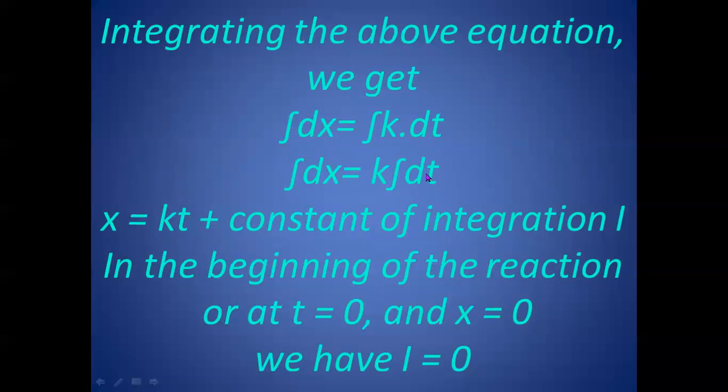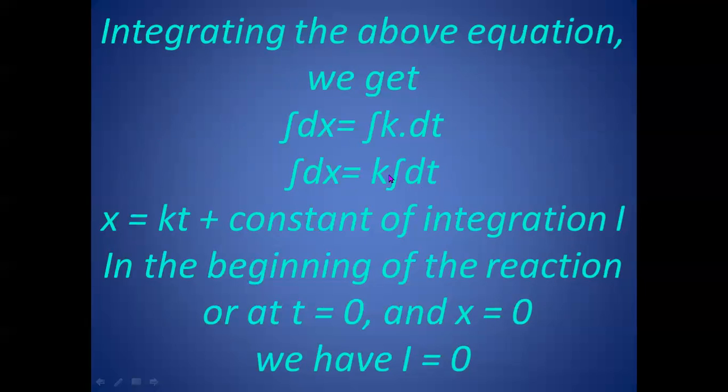Here for concentration, and this is for time. Now integration will be done under the limits from 0 to t. That means at the beginning, time will be 0 seconds, and at the end, the final time, let it be t.